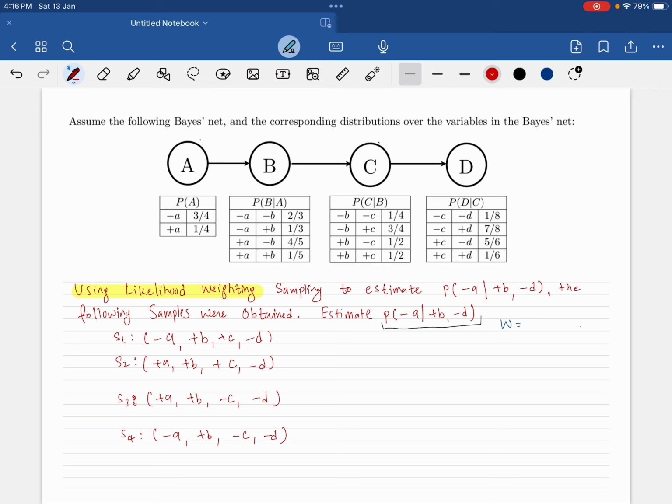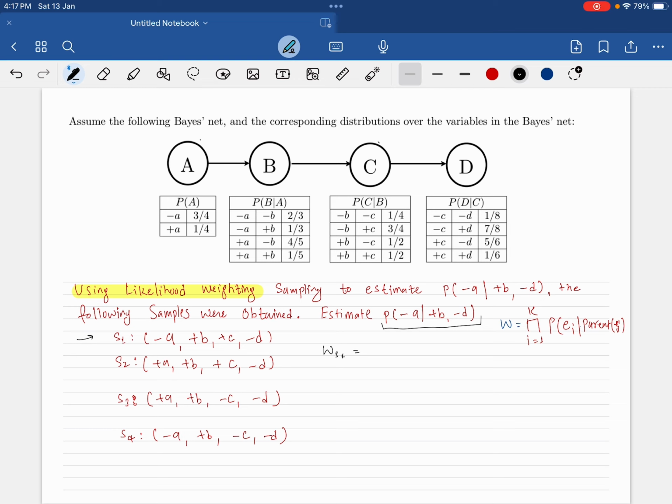The weight of the sample would be the product over each evidence. So you will find the product of the probability of the evidence ei given its parents of ei. Let's first find the weight of the first sample.